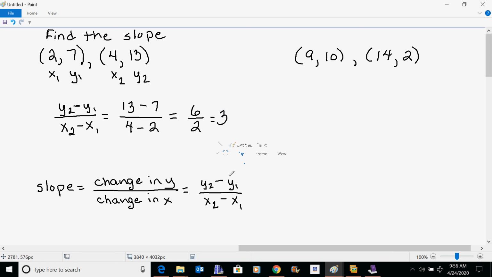We did not have to graph them. We did not have to count. We're using the formula. For now, I'm telling you, to make yourself work it out right, always label your points, x1, y1, x2, y2.